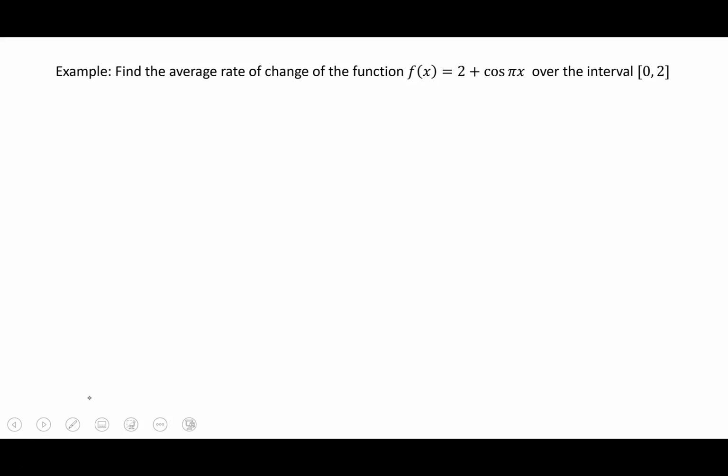Find the average rate of change of the function over the interval 0, 2. The average rate of change is given by delta y over delta x. Delta y is the change in function values, and delta x is the change in x value. So that's f of 2 minus f of 0 over 2 minus 0, obtained by plugging these values into the given function.